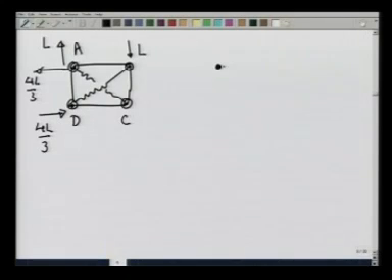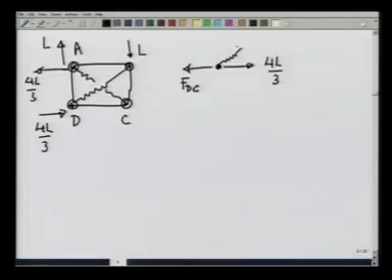At point D, there is a force in horizontal direction 4 L by 3. There is a force, and now I am anticipating that the force by rod DC is going to be towards the left, F DC. There is a force by the rope. Now, since this is a rope, it can apply only a tensile force.